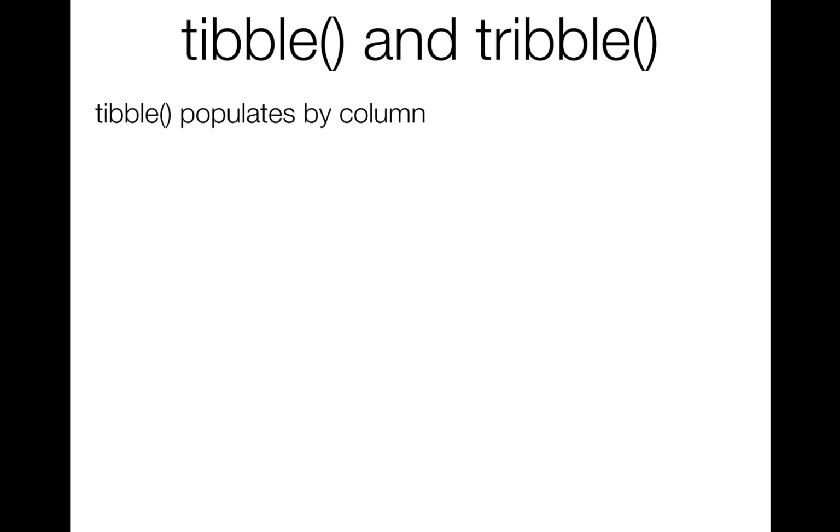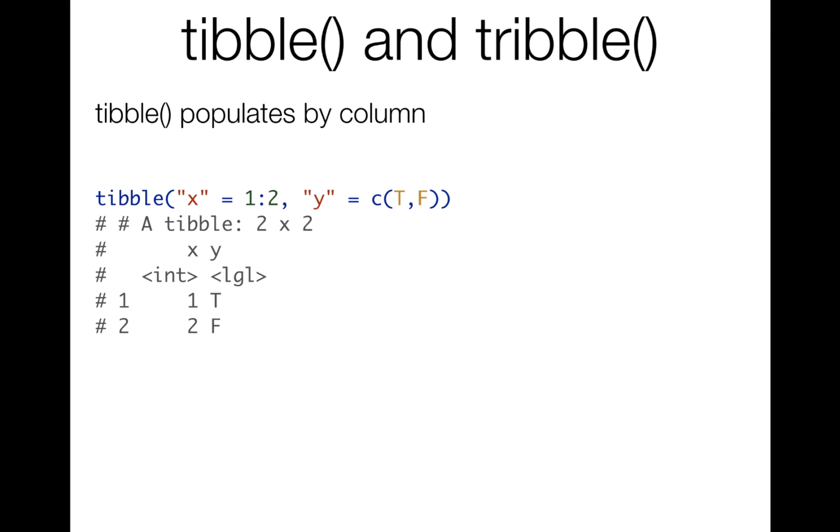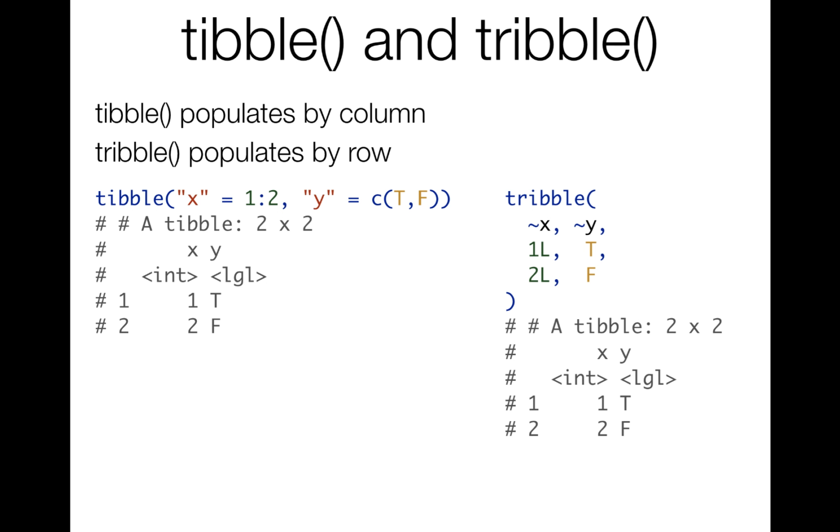Now, in addition to tibble, there's another function called tribble that populates the elements of a tibble in a slightly different way. For example, with tibble, like data.frame, when you enter the vectors, they're entered by column. So here I have tibble x equals 1, 2, that's the first column. y equals TRUE, FALSE, that's the second column. Occasionally it's useful to enter the entries by row, especially when I'm using them for examples. So I could do this with tribble.